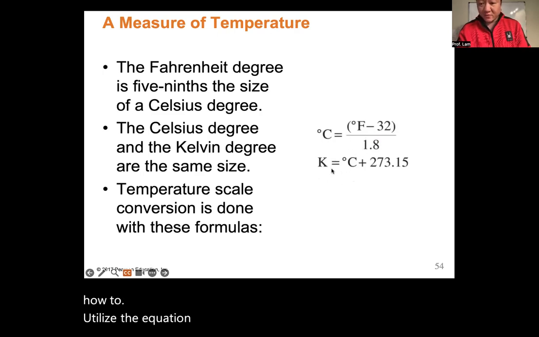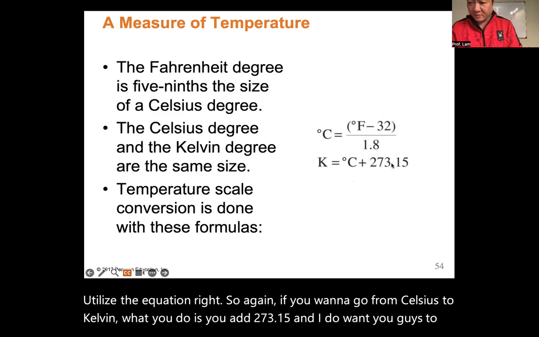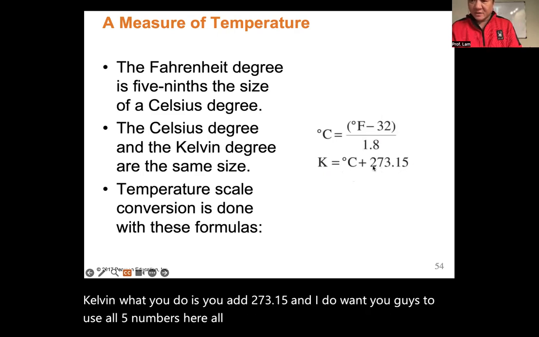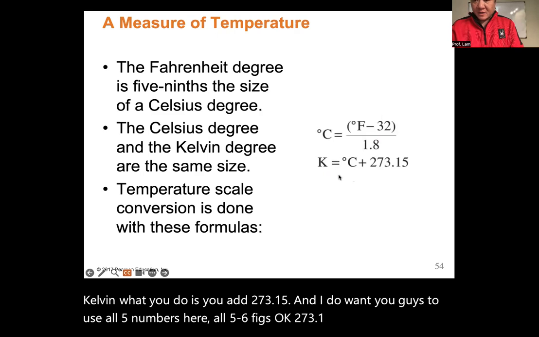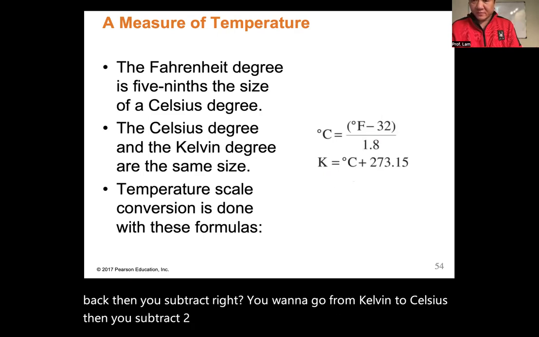So again, if you want to go from Celsius to Kelvin, you add 273.15, and I do want you guys to use all 5 sig figs, okay? 273.15. And if you want to go back, then you subtract, right? If you want to go from Kelvin to Celsius, then you subtract 273.15.